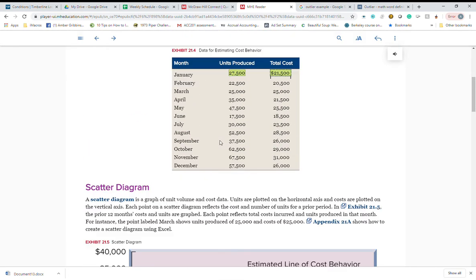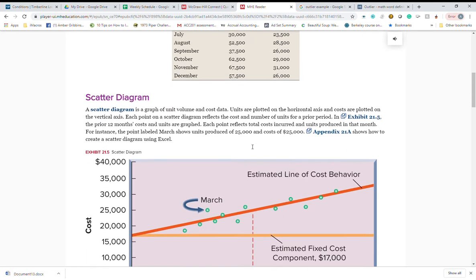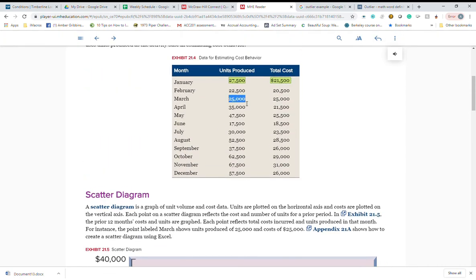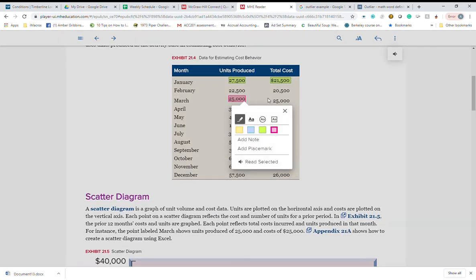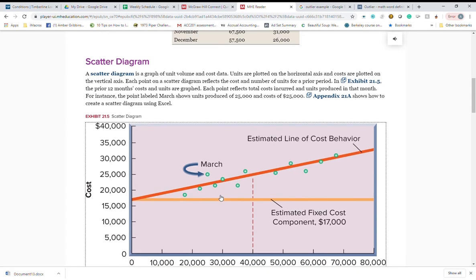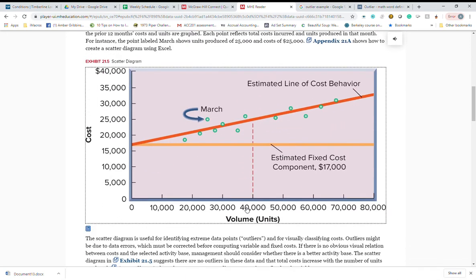I don't know which one we're doing here, but let's see if we can find the January one. Oh, here's March. They actually did it for us here. Let's just do this one real quick. That one's an easy one, right? 25. So here is the March one right here, 25. And then the January here, 27,500, so it's probably going to be about right here.